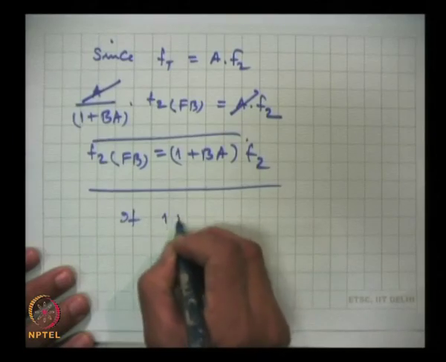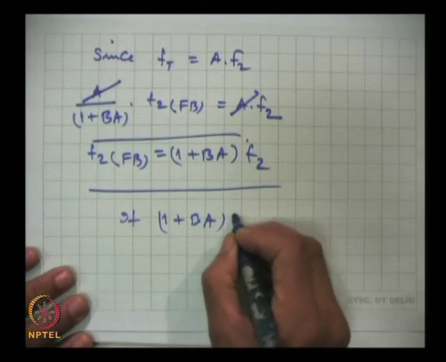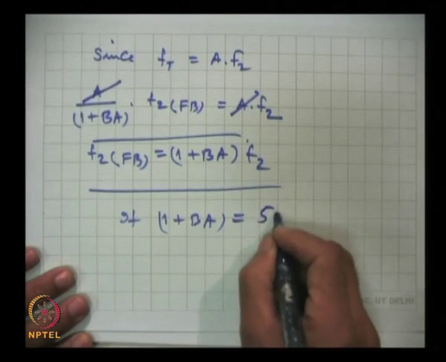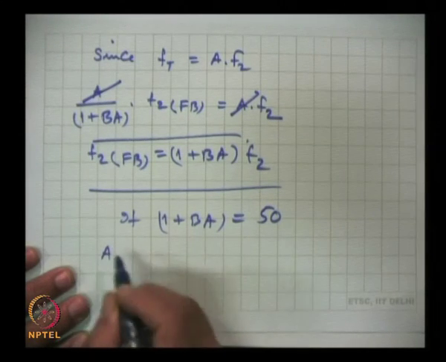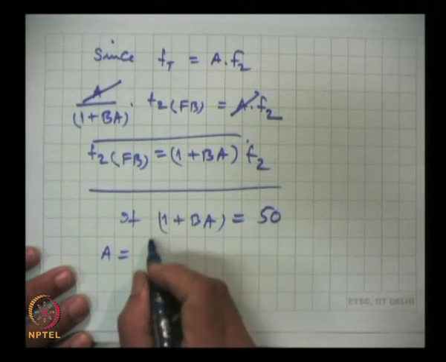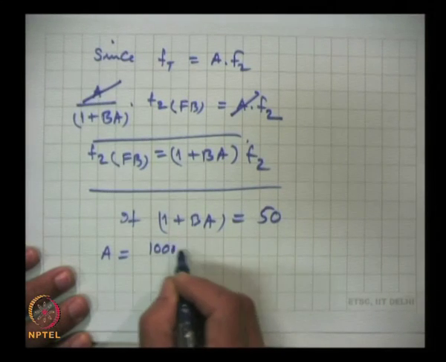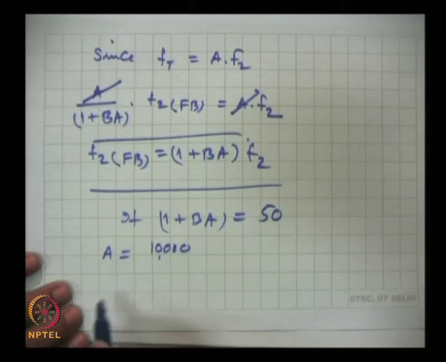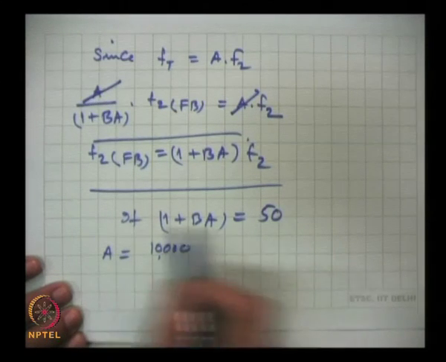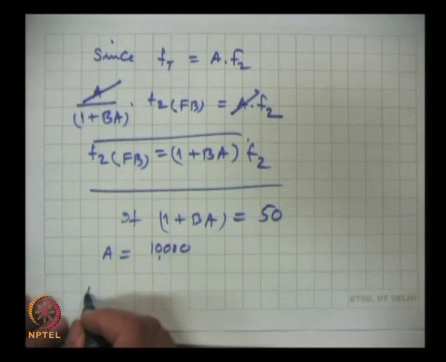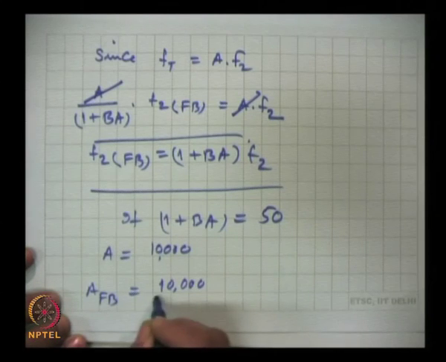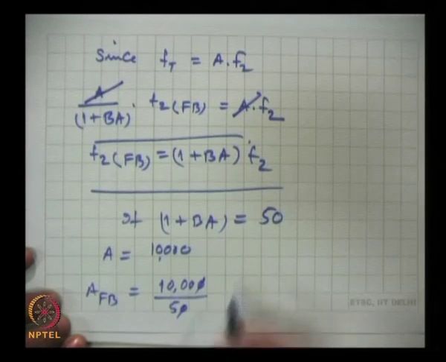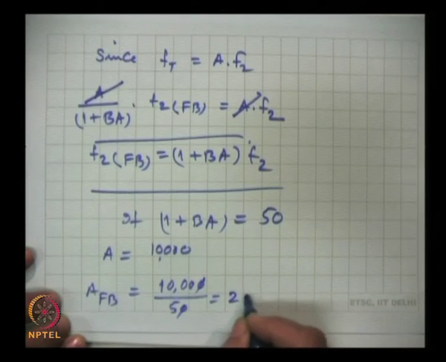So, for example, if this factor is say 50, and the gain earlier is say 10,000, then with feedback it will be reduced by this factor. So, with feedback A fb will be 10,000 divided by 50. So, this becomes only 200.